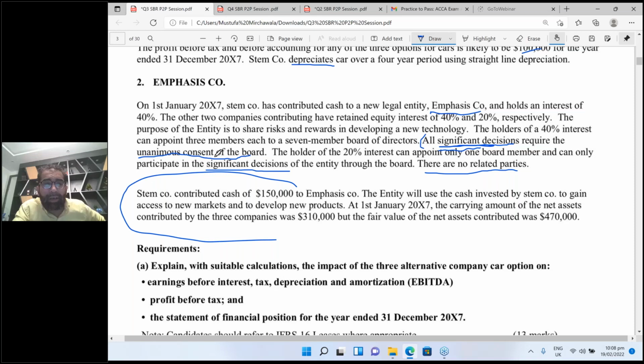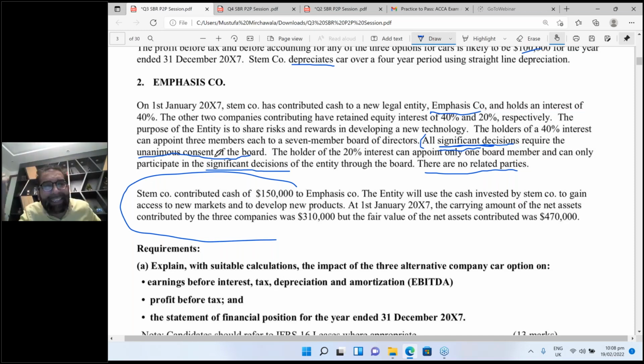The holder of the 20% interest can appoint only one board member and can only participate in significant decisions. See the technique of the examiner; he is so sharp. He says the 20% interest can appoint only one board member. One is enough, because one guy can pull the chain.